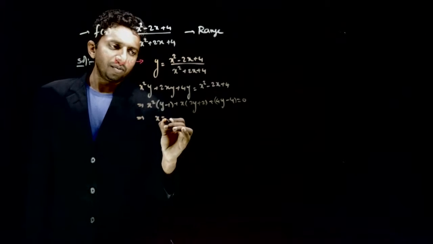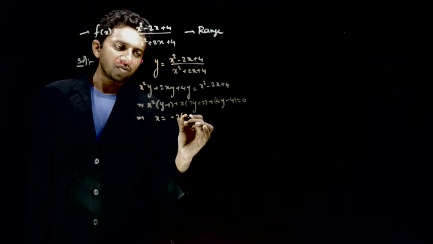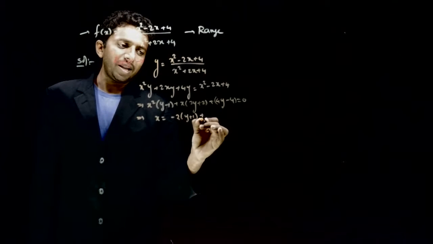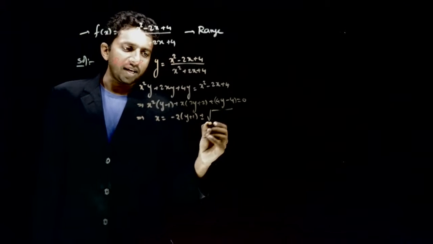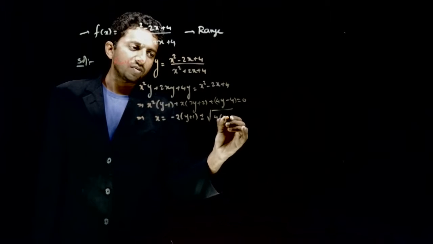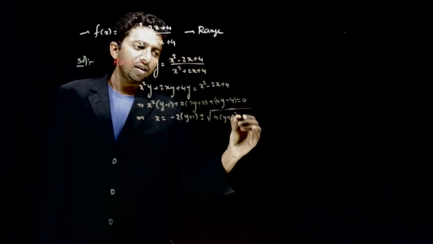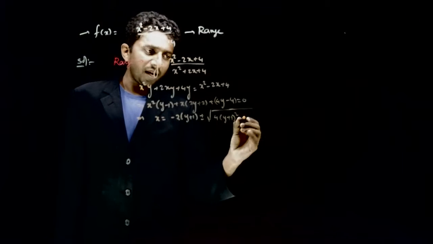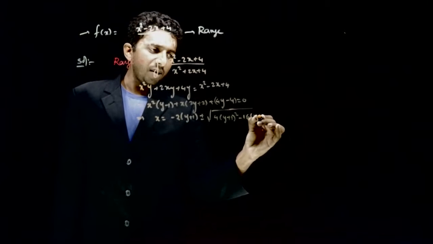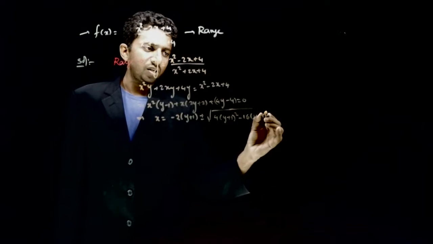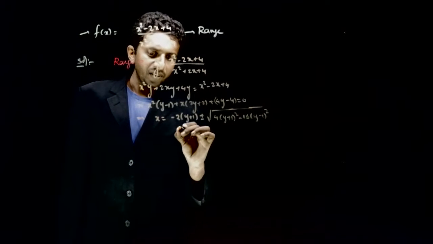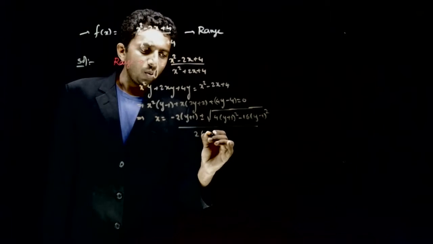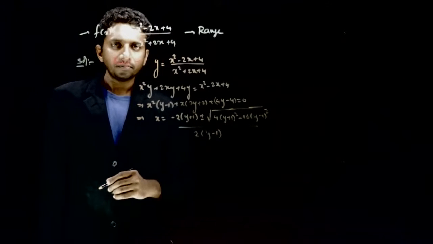So x is equal to minus b, minus 2 times (y plus 1), plus minus root of b square minus 4ac, that is 4 times (y plus 1) whole square minus 4 into, या इसमें से 4 बाहर आएगा, so 16 times (y minus 1) into (y minus 1) is (y minus 1) whole square, divided by 2 times (y minus 1).